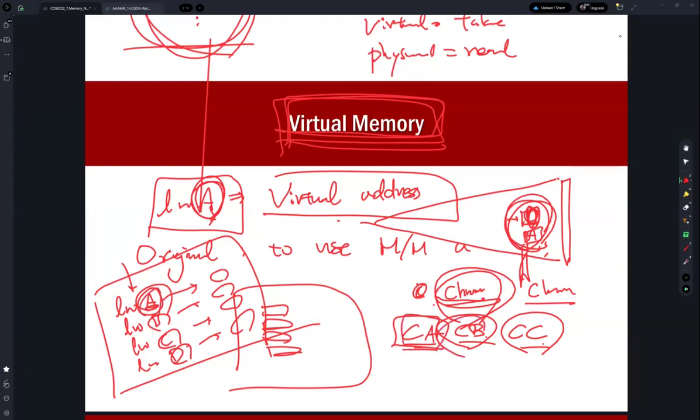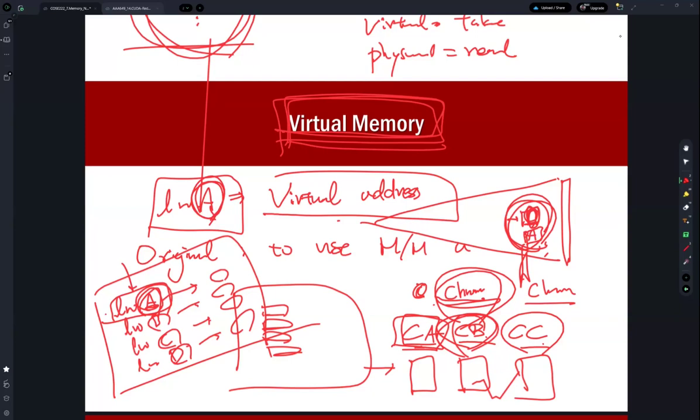Chrome A executes the load word A, Chrome B also executes the load word A. What's the problem? Even though the data is separated, we cannot manage this situation. So the operating system provides different virtual memory spaces, with different converting rules.